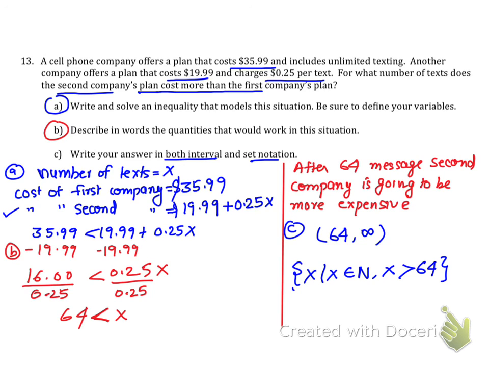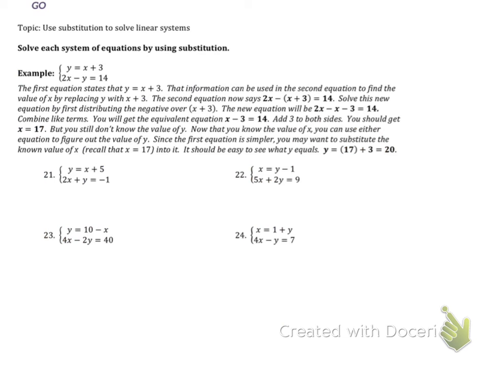Let's move to the next question. I'll be doing one example of this because I hope you already did, solve each system of equations by using substitution. You just substitute a variable's value into the other equation. So like I'm just doing 4x minus y equals 7, x is 1 plus y, so I replace this x by 1 plus y, but I won't directly write it like this because this is going to give me the wrong answer.